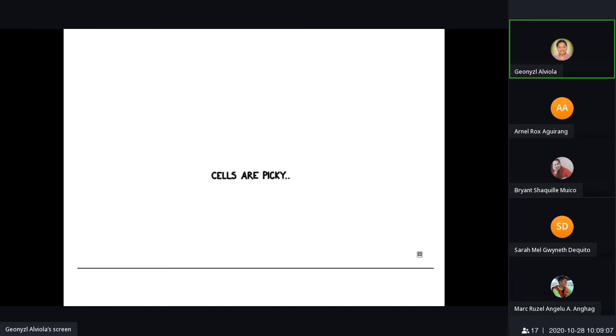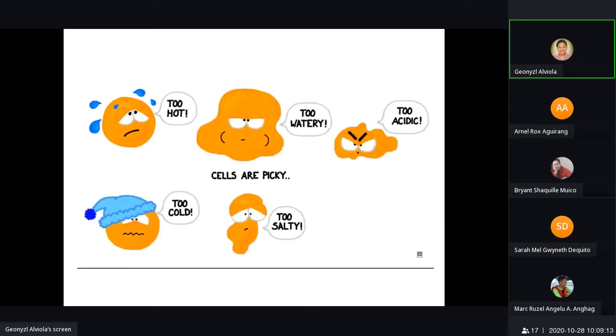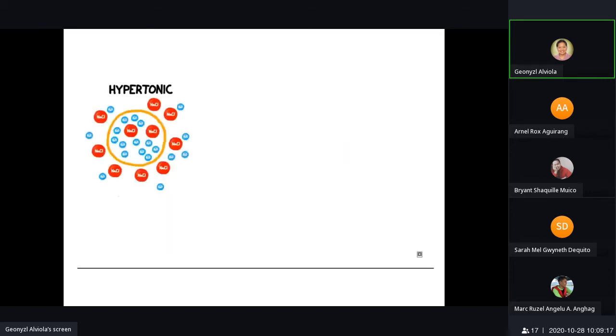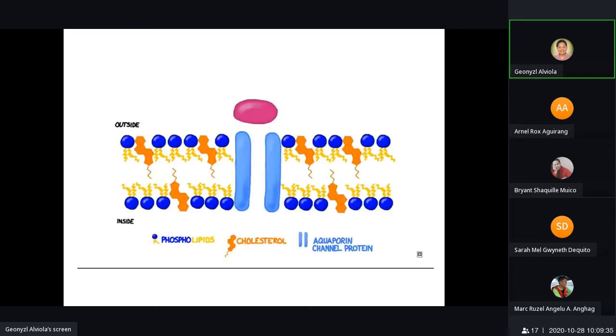Cells have a very finite range of conditions in which they can survive. If it's too hot, too cold, too watery, too salty, too acidic, or too basic, they can't function properly. We're going to explore what happens when you place a cell in a solution that is much more salty, hypertonic, much more watery, hypotonic, they allow certain particles to pass through, but not others.